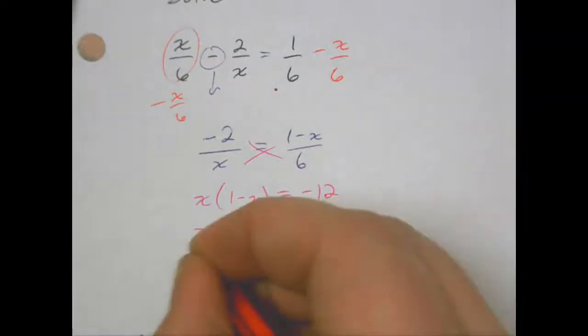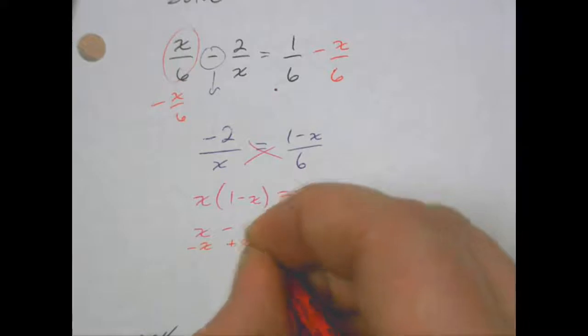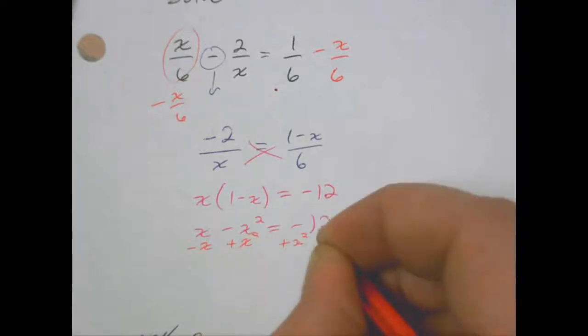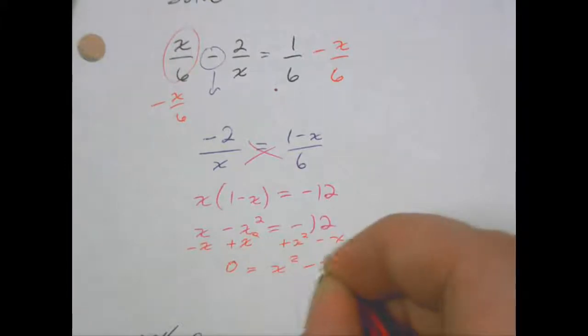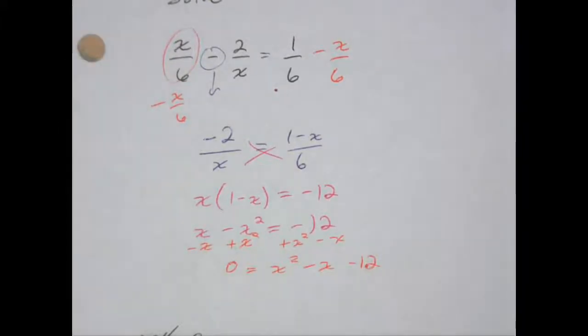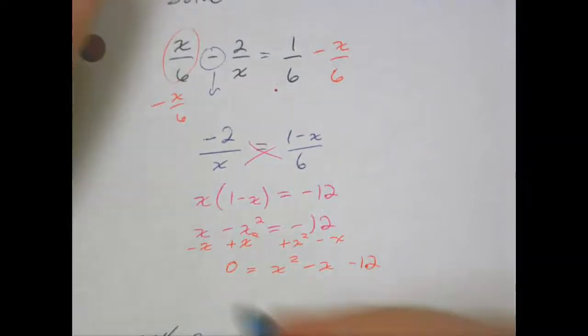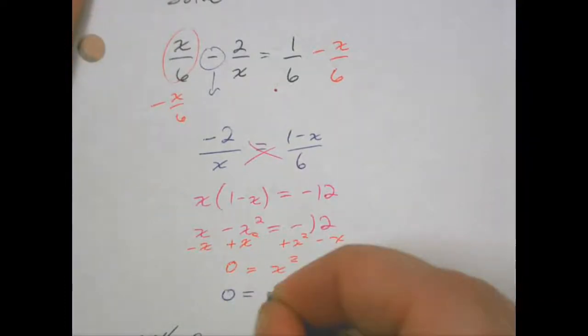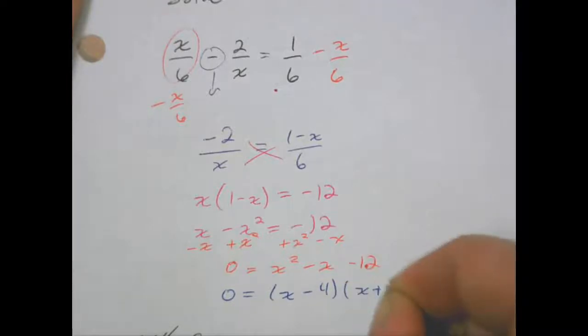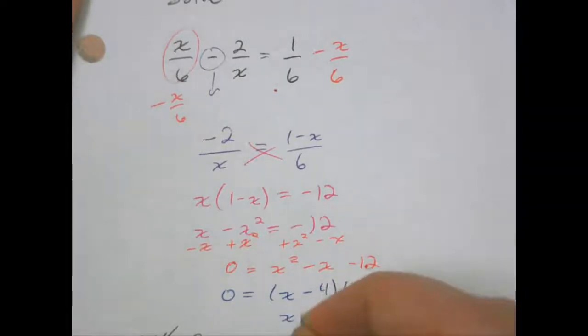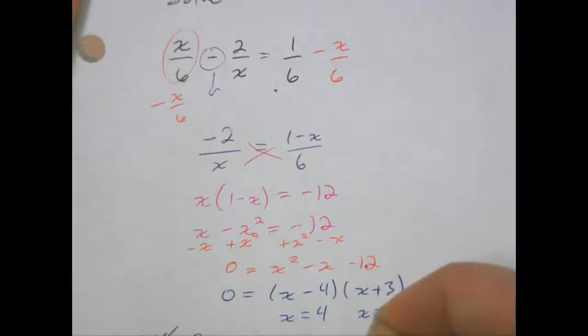So plus x squared and minus x. So I have 0 equals x squared minus x minus 12. Now we recognize this as something that we need to factor, and it will factor into x minus 4 and x plus 3, such that I have solutions of 4 and negative 3.